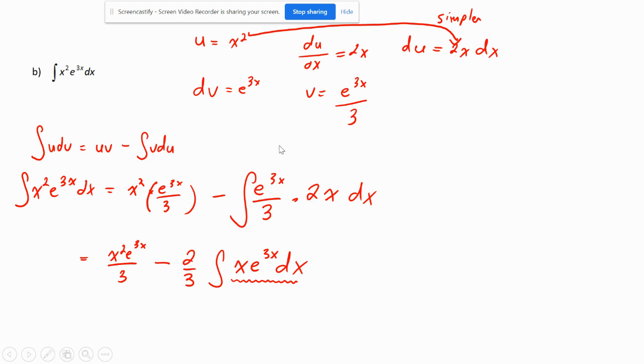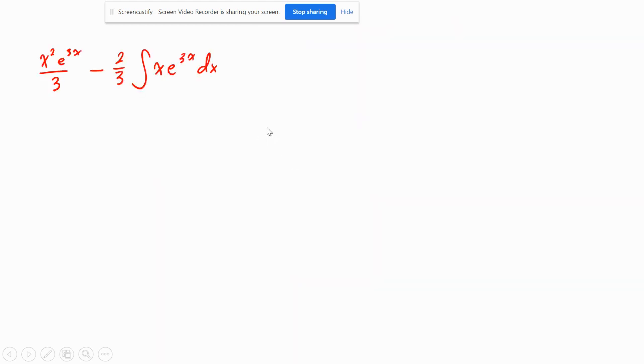Okay, so we have this. I'm just rewriting this part. We need to do integration by parts again on this. Let u equal x, du dx equals 1. That means du equals dx. dv equals e to the 3x. That means v equals e to the 3x over 3.